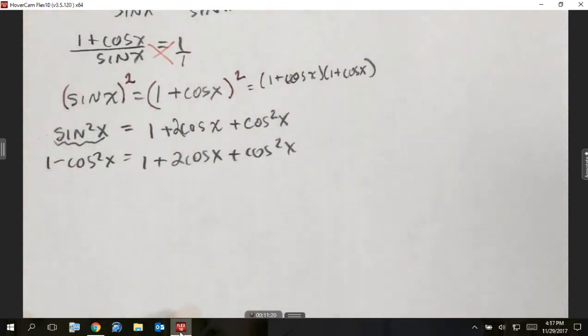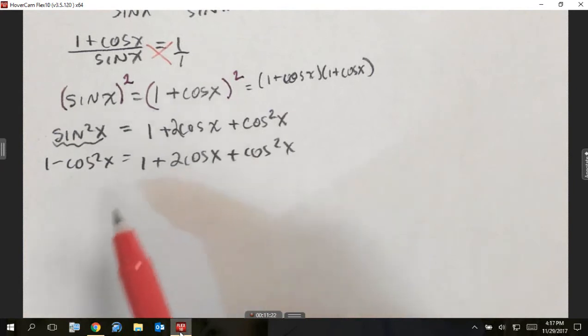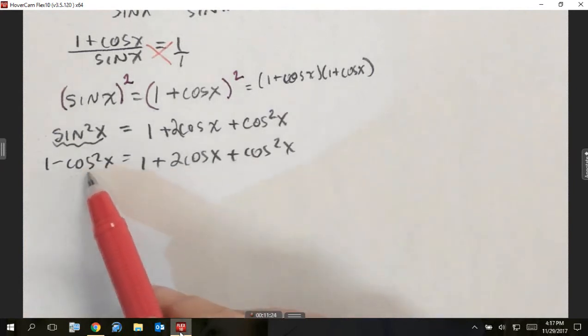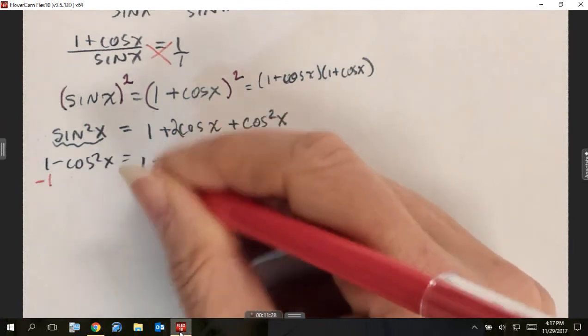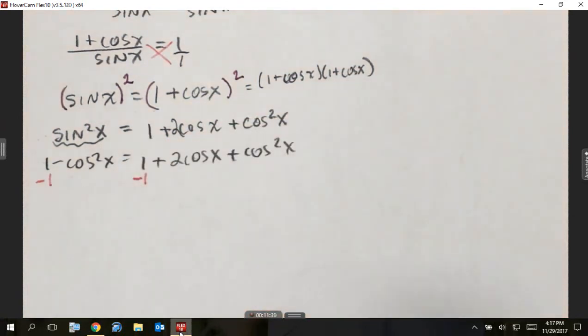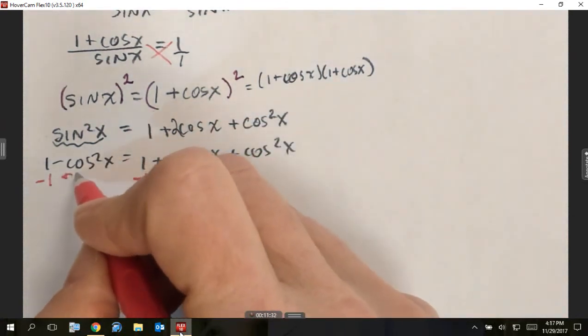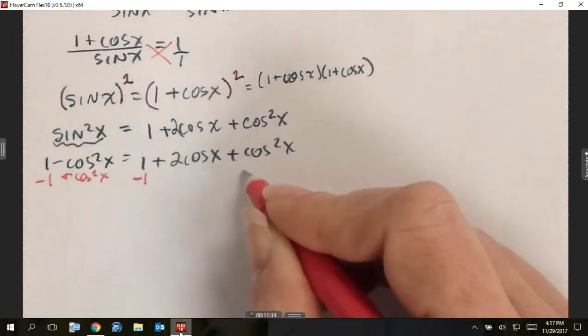So I need it to say equals 0. Let's see. I think I'll move that stuff over. I think I'm going to subtract 1 from both sides. Oh, good, those cancel out. And I think I'm also going to add cosine squared x to both sides.